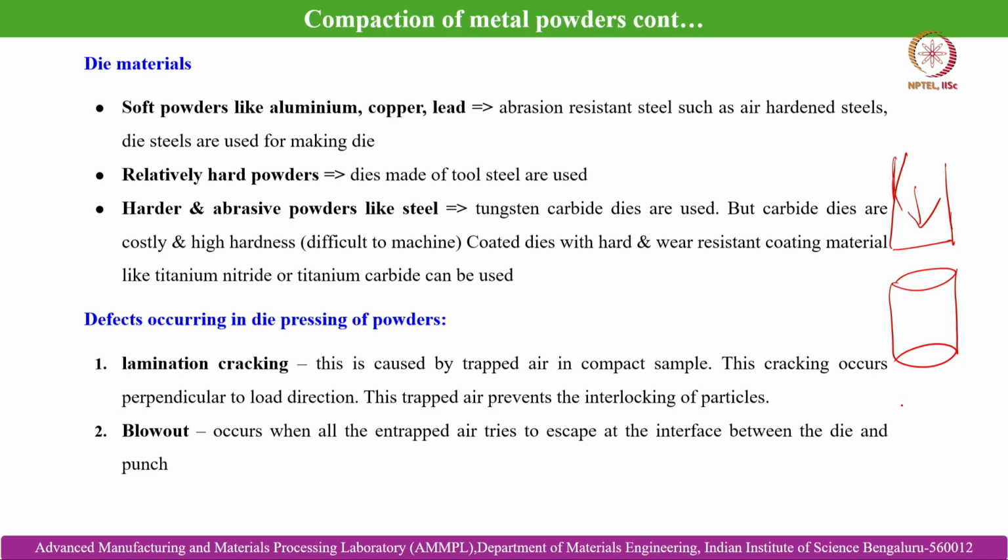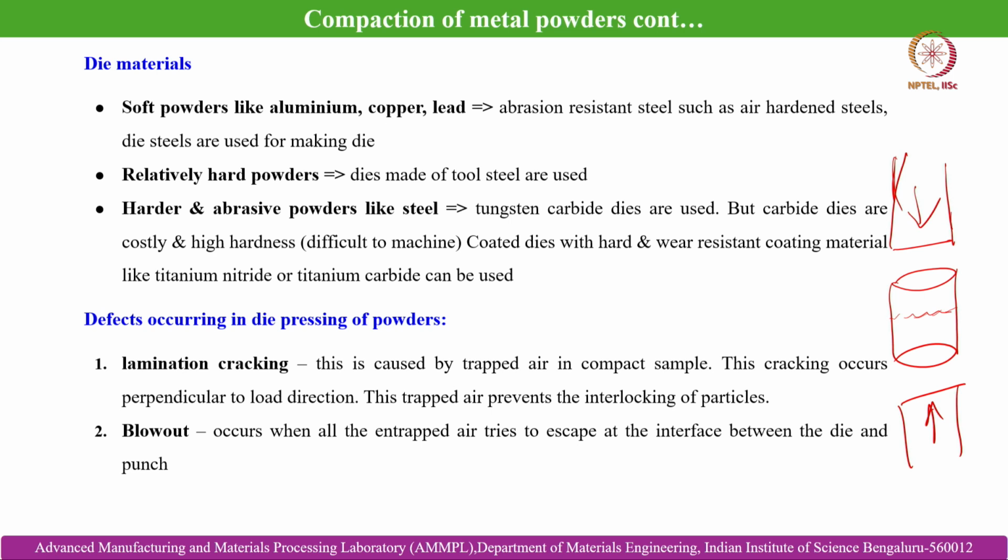So, this is the application of load. If there is a cracking perpendicular to the loading direction, we call it lamination cracking, which happens due to the entrapment of air in the form of bubbles in the powder aggregate, which is getting transformed into the green compact.